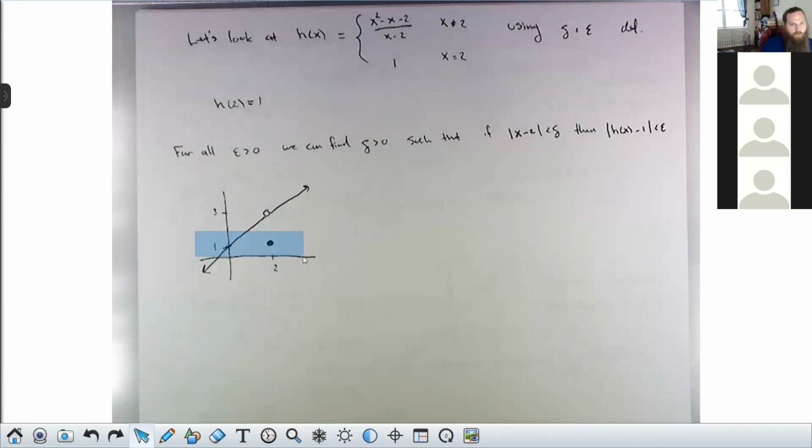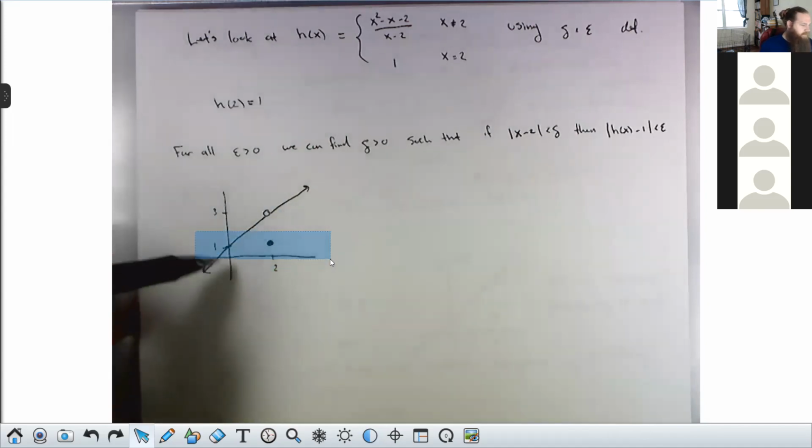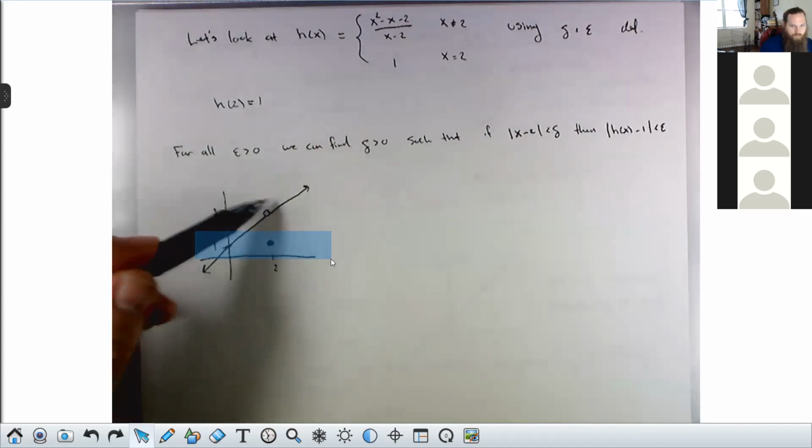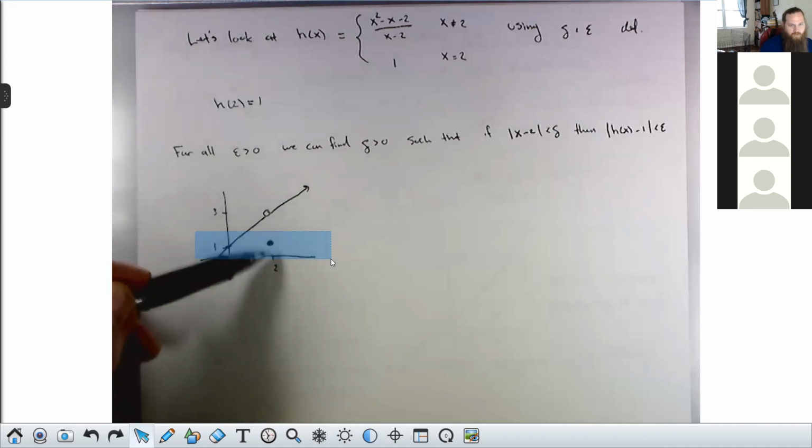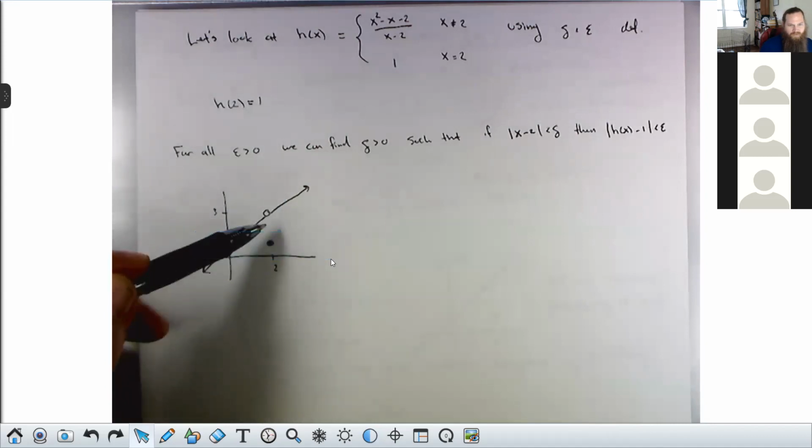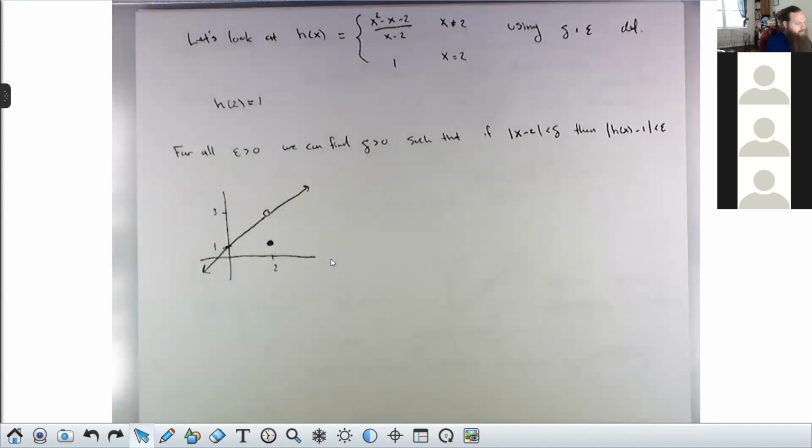If you even take epsilon to be 1, then this is the epsilon window, right? It's centered at 1, it goes up to 2, and it goes down to 0. For that particular choice of epsilon, there is no delta that works.